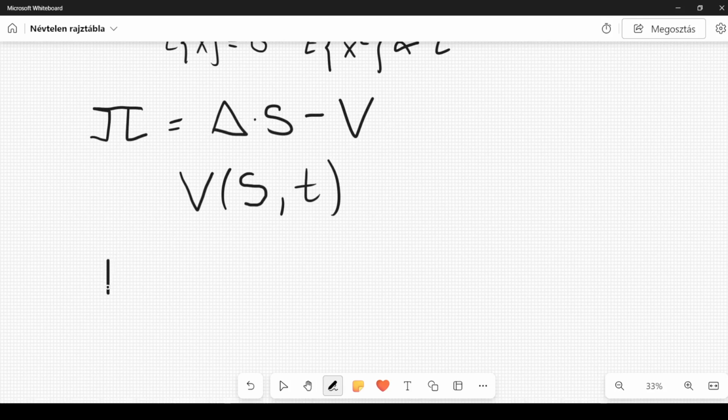And here I want to consider the change in the value of the options. Remember that this is a function of S and this is a function of t.